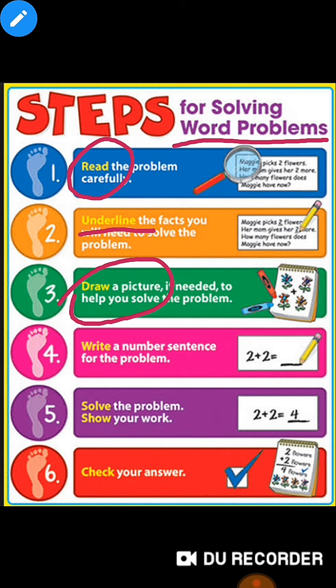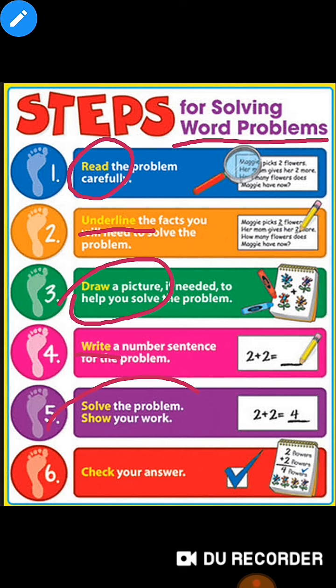So in this way, you can read the word problem and understand what you have to find actually and what operation you have to apply. Then you need to write a number sentence, children. Whether you are doing addition, subtraction, multiplication, or division, based on that you are going to write the number sentence for it.